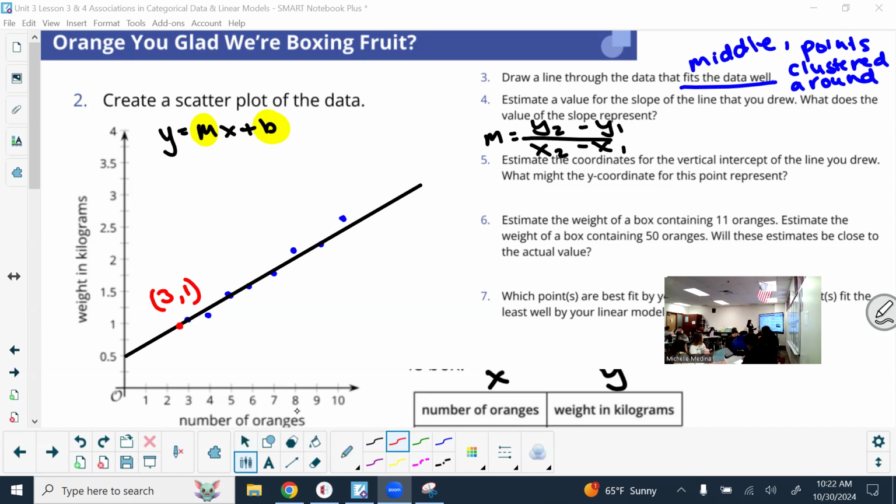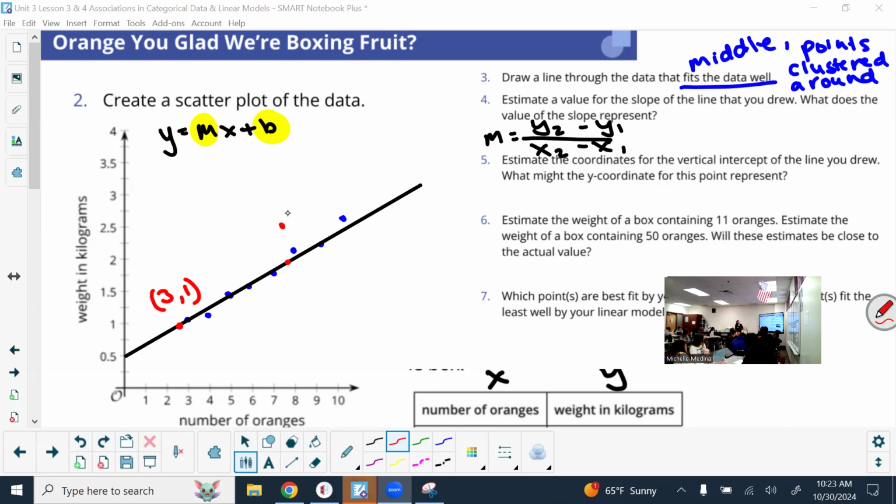Okay, 8, and what value did you estimate this to be? Okay, my 2.5 is way up here. It's possible, because we all don't draw the exact same lines.